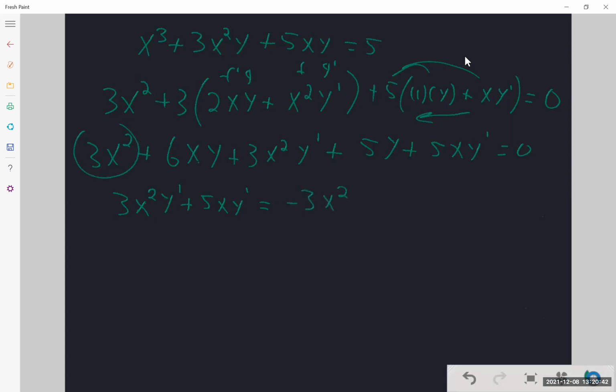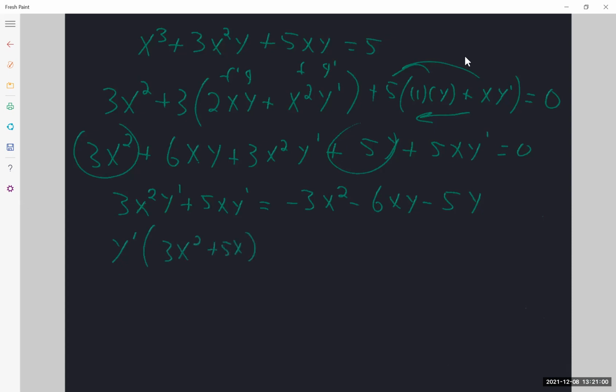The positive 6xy, subtracting, gives minus 6xy. And this positive 5y, I subtract from both sides and get that. Next, I can factor out a y prime, which leaves me with 3x squared plus 5x equals negative 3x squared minus 6xy minus 5y.